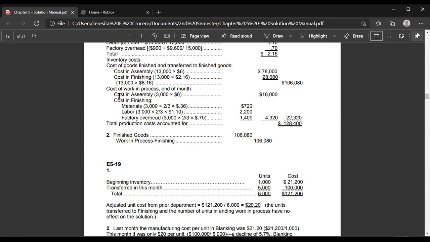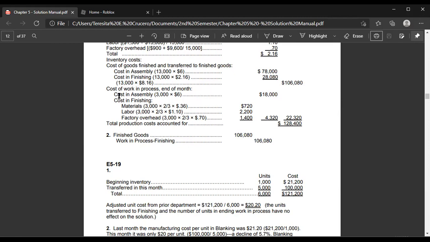So received from blanking is 5,000 units, and you have a beginning inventory in forming of 1,000 units. So total units to be accounted for is 6,000. 4,000 units are finished and 2,000 units are in the ending inventory.